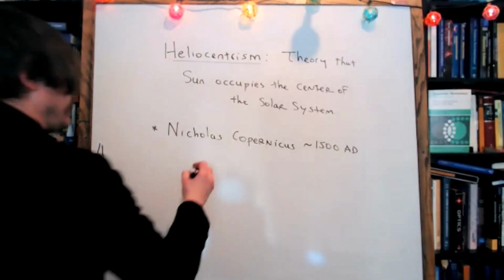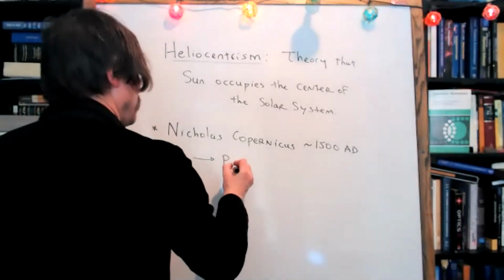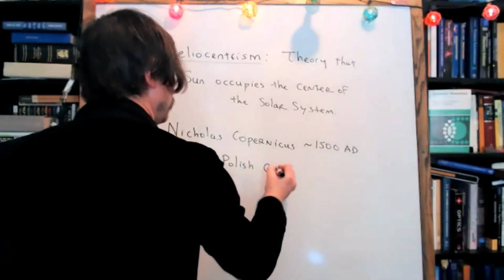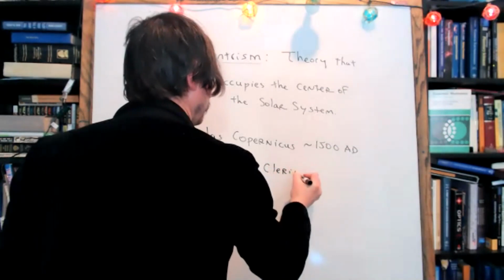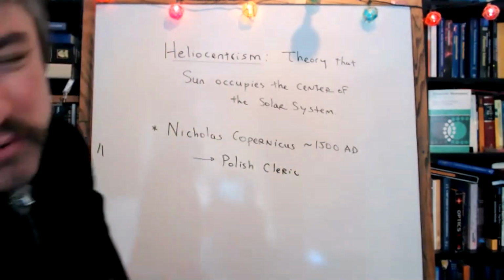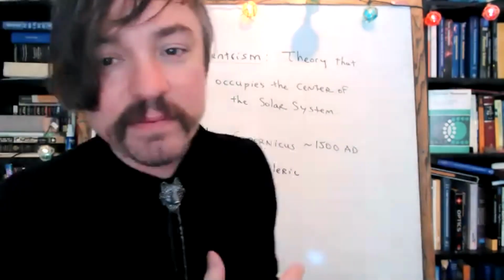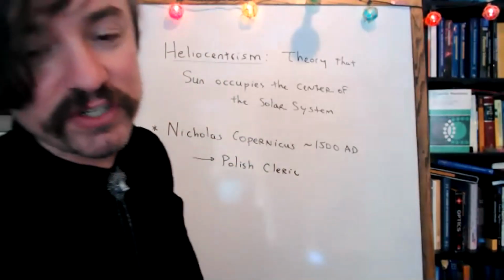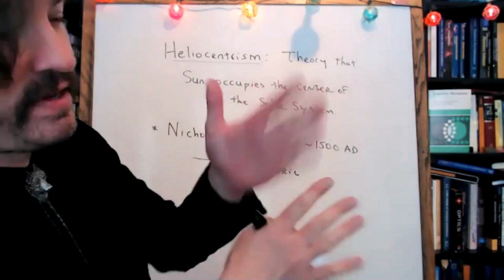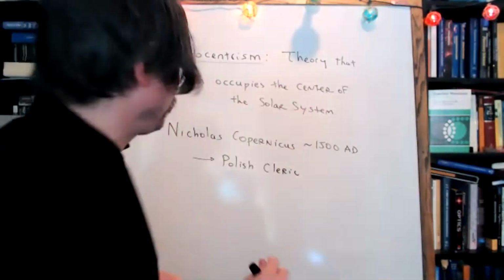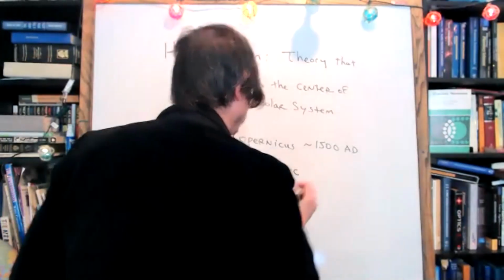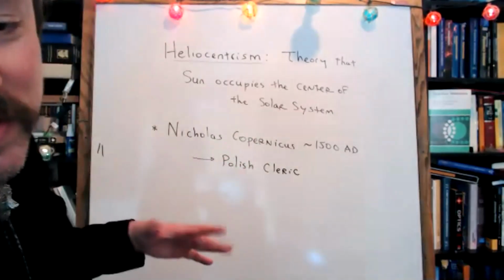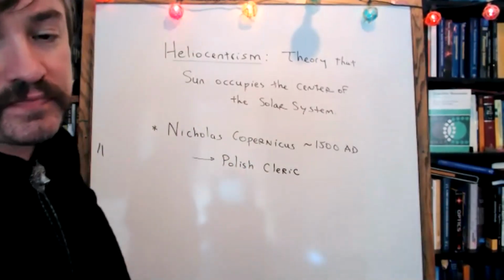So Nicolas Copernicus was a Polish cleric. That means you're not really a priest, but you're sort of like some kind of mathematical functionary in the Holy Roman Church. I think this was before the Protestant Reformation or something. So they would have just been not the Roman Catholic Church, but the Holy Roman Church.